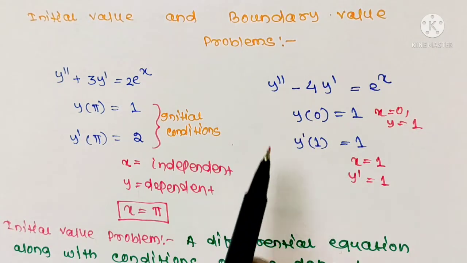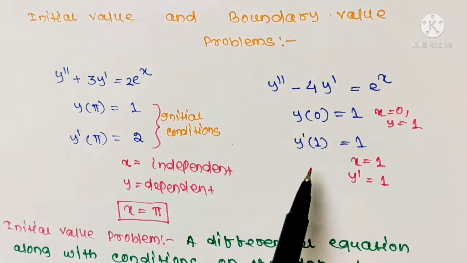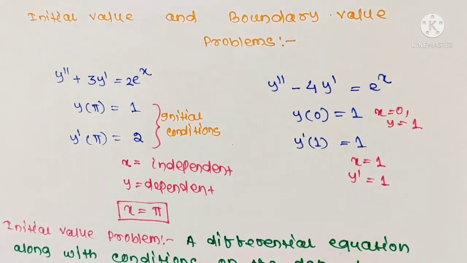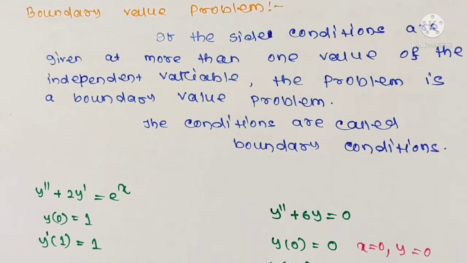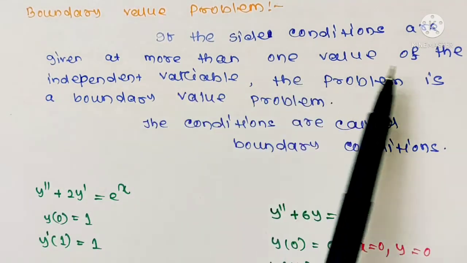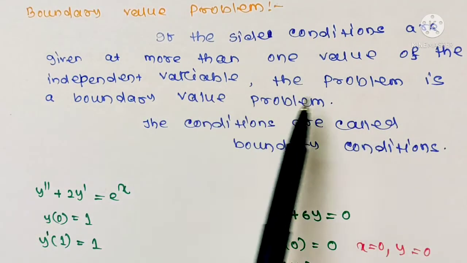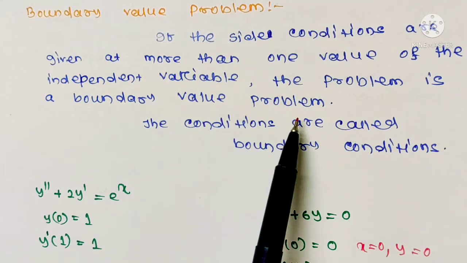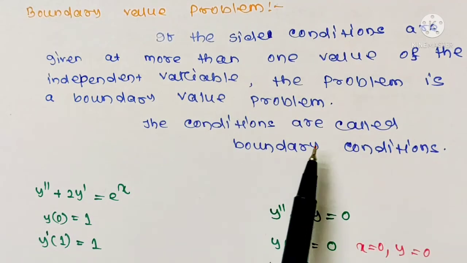This type of problem is known as a boundary value problem, and the conditions are known as boundary conditions. So let me write down the definition. If the side conditions are given at more than one value of the independent variable, the problem is a boundary value problem, and the conditions are called boundary conditions.